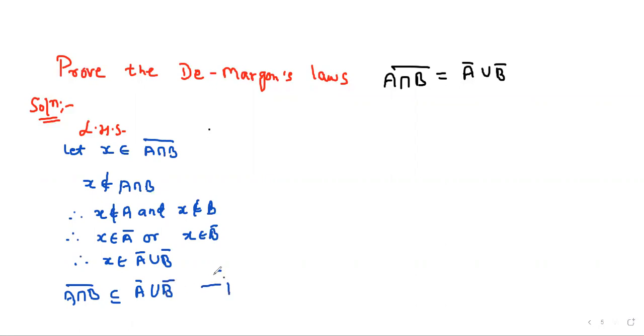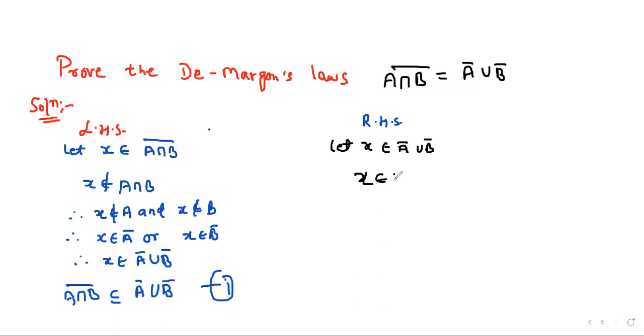This is our first subset. Now we will prove from right hand side. Let X belong to A complement union B complement.